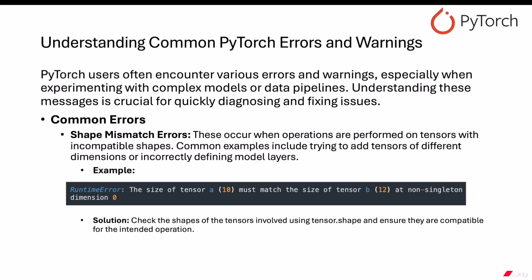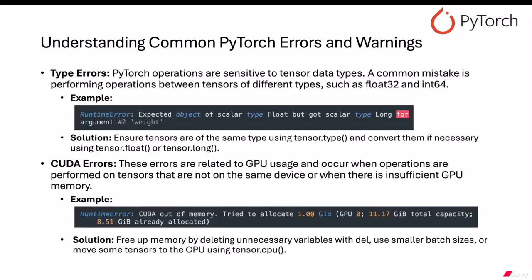Common examples include trying to add tensors of different dimensions or incorrectly defining model layers. Here is an example of how the error looks. RuntimeError: The size of tensor a (10) must match the size of tensor b (12) at non-singleton dimension 0. Solution: check the shapes of the tensors involved using tensor.shape and ensure they are compatible for the intended operation.